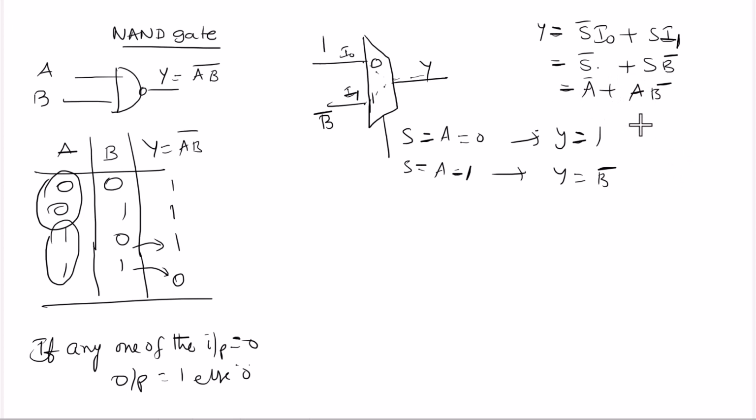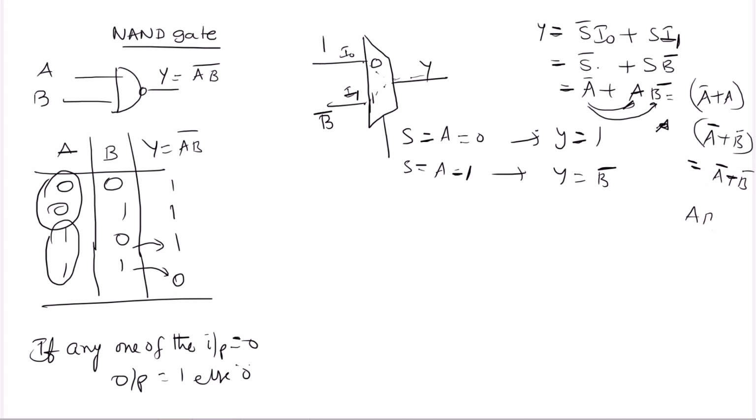A bar plus A B bar means A bar plus A bar A B bar, which gives A bar plus A into A bar plus A into A plus A B bar, so A bar plus B bar. A plus A bar is equal to 1, so 1 into A bar plus B bar is nothing but A bar plus B bar.